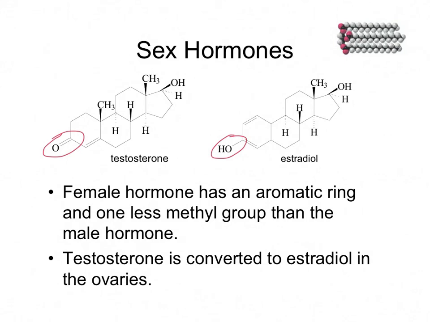And there is, in testosterone, a true alkene there, starting at carbon 5. In estradiol, you can see it's part of an aromatic ring. And then coming off carbon 17, our side chain, so to speak, is an OH in both of them. So they're very related compounds, but the estradiol is aromatic.